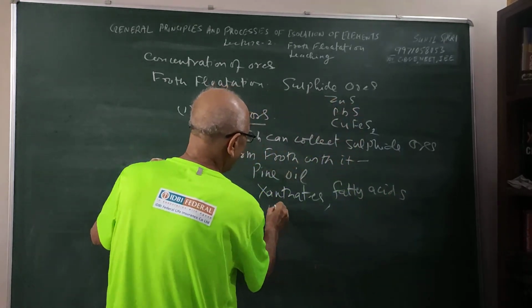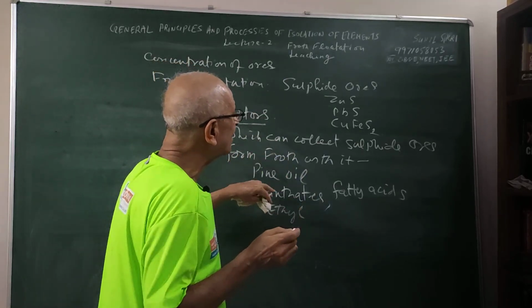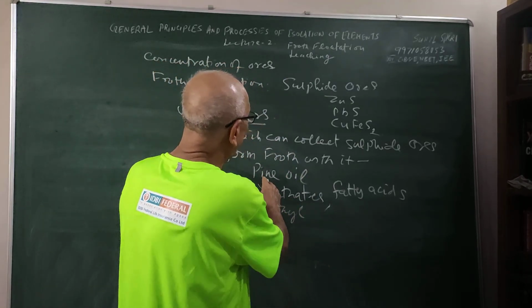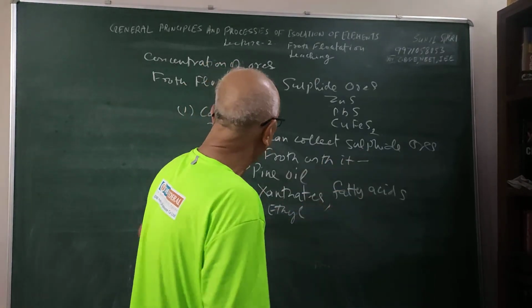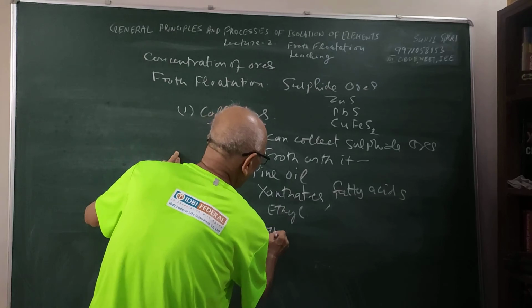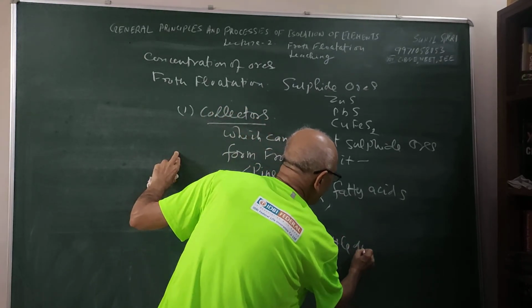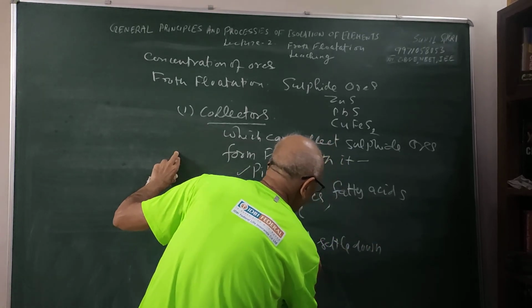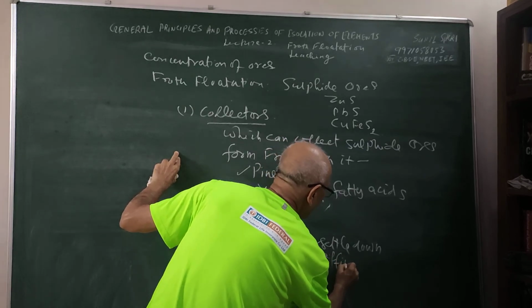So ethyl xanthates have been used for this purpose. These ethyl xanthates or fatty acids, or pine oil, will absorb the sulfide ores, and the gangue will settle down, as it is attracted by water. This has an affinity for water.